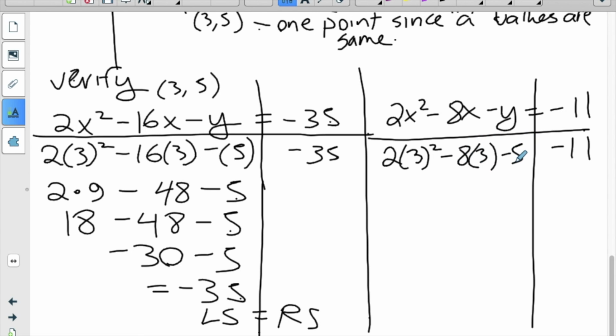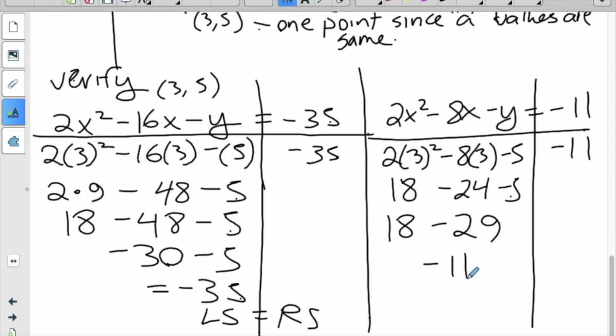So this, we know from over here, is going to be 18. 18 minus 24 minus 5. That's 18 minus 29? That is negative 11. Left side equals right side. There we go.